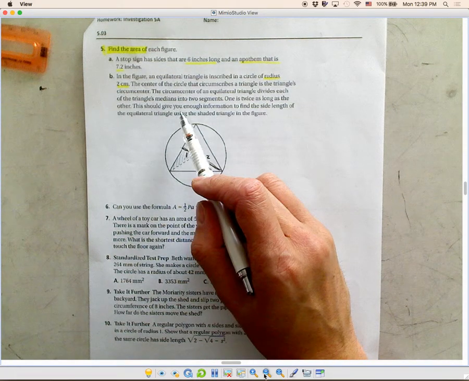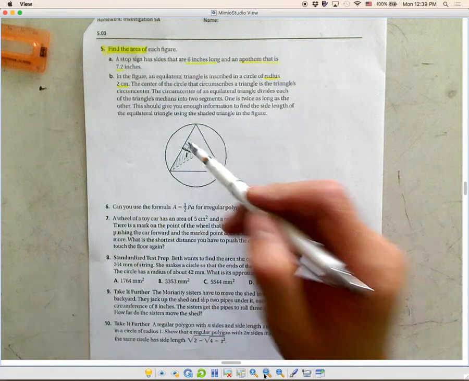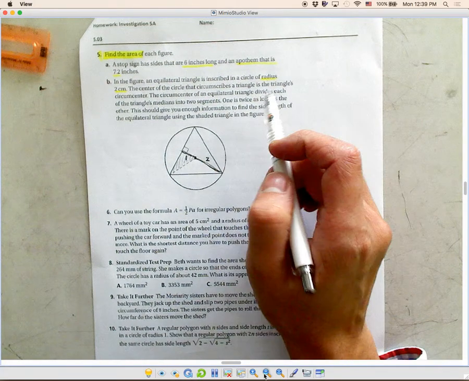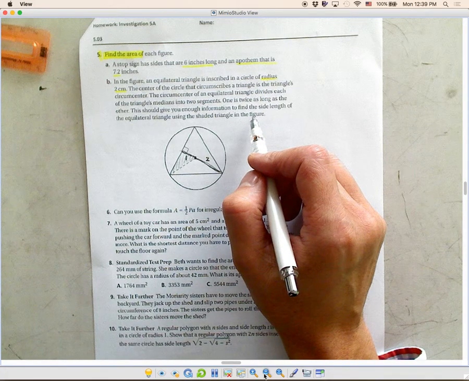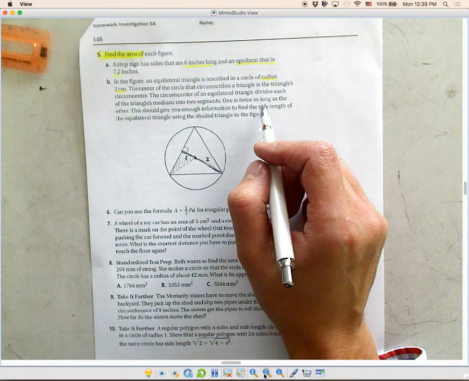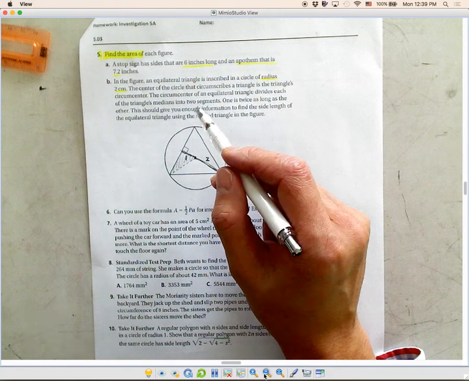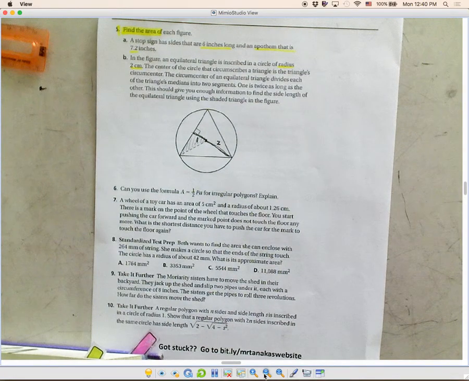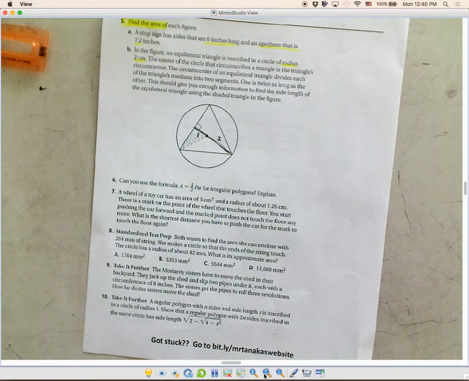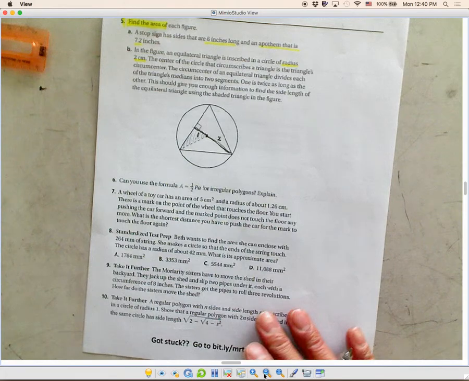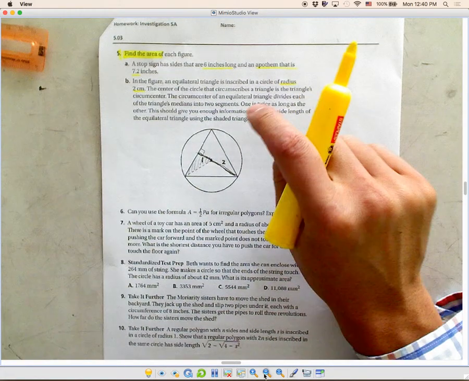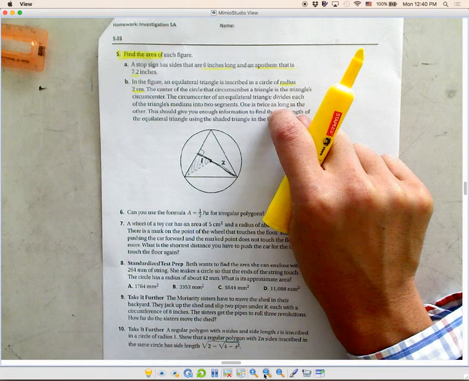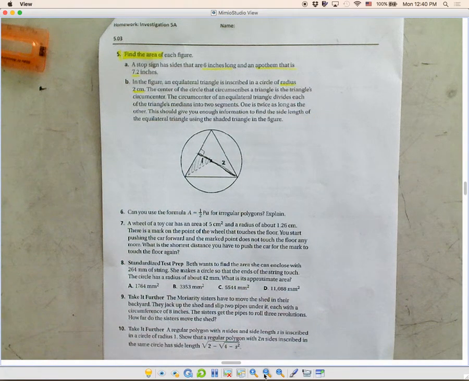We try to find the area of the circle. That's why it's important to find what the goal of the problem is. We need to find the area of this circle.